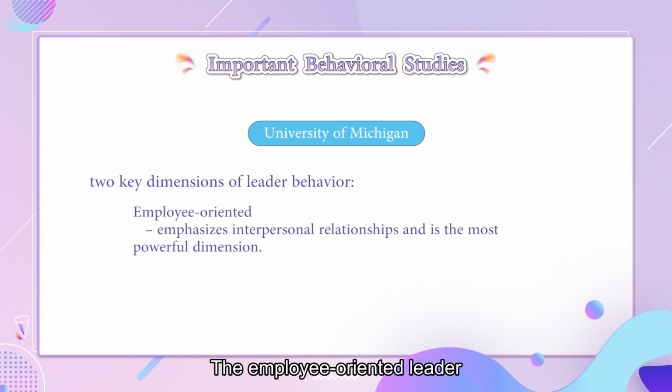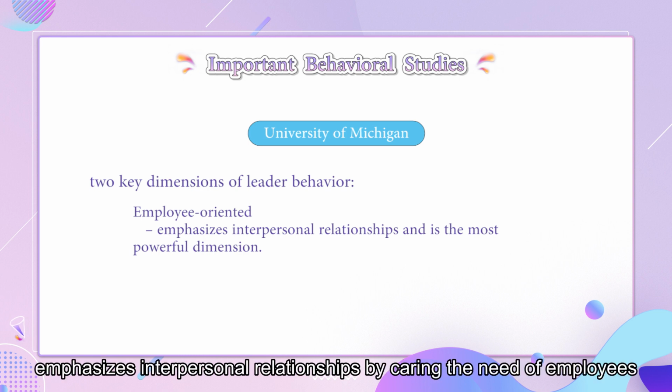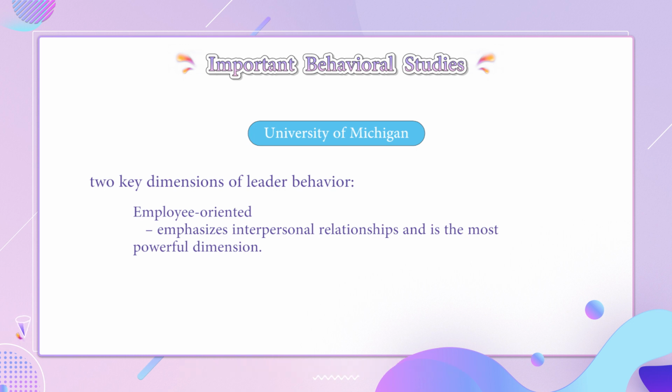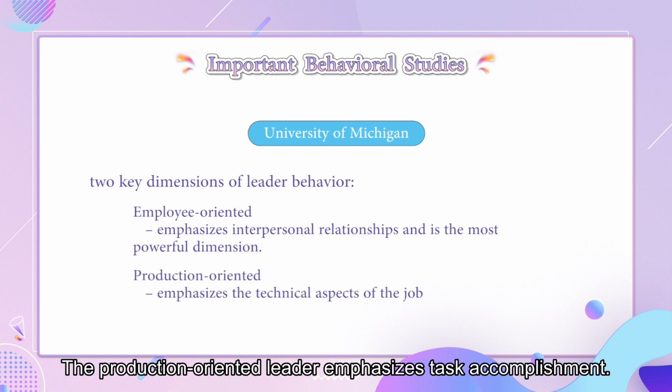The employee-oriented leader emphasizes interpersonal relationships by caring about the needs of employees and accepting individual differences. The production-oriented leader emphasizes task accomplishment.